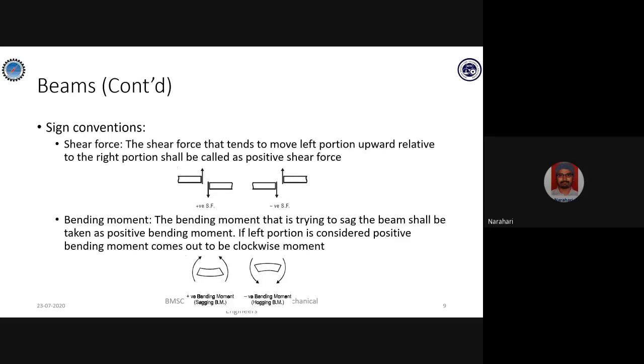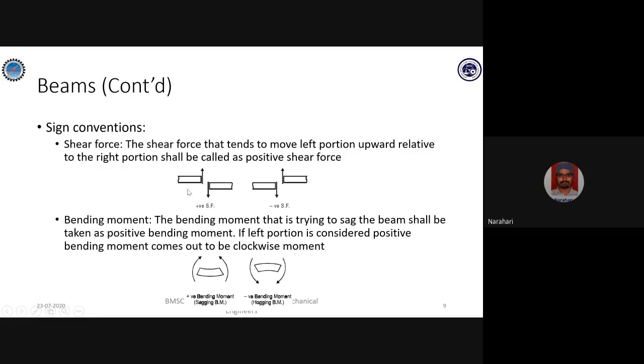Okay, so sign conventions, this is somewhat important. I'll just spend a little bit of time here. What we do generally in a beam is imagine a cutting plane. We imagine that the beam is cut at a particular point along its length, and we try to analyze shear force and bending moment at that particular point.